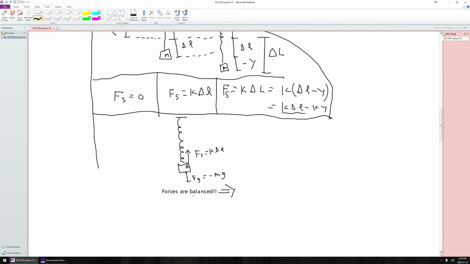Okay, so since these forces are balanced out within this configuration, I know that these forces have to sum to 0. So forces are balanced implies that F sub s plus F sub g has to be 0. Okay, so in particular, this F sub s has to be equal to mg. So from here, I can do this replacement up here and replace this with mg. So net, I have that my F sub s in the full configuration over here is simply going to be equal to mg minus ky.